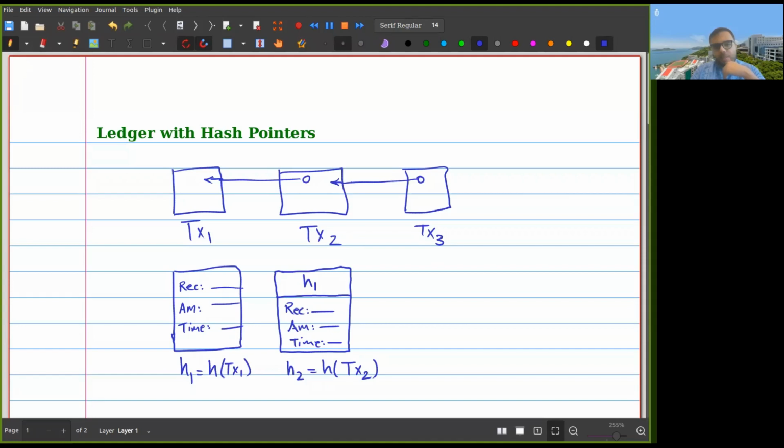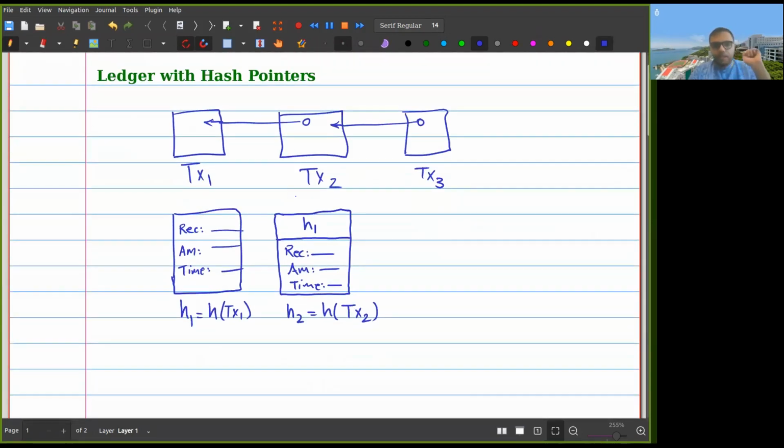And then the same thing happens all the way. So this was the idea we had in the last session, that if I change anything in the past, I have to change every transaction that comes after it. So as someone who's just keeping track of this ledger and wants to make sure that I'm not changing anything, you can just keep track of the hash of the last transaction. That's the only thing you need to know. Okay, so this was just a clarification from the last session.